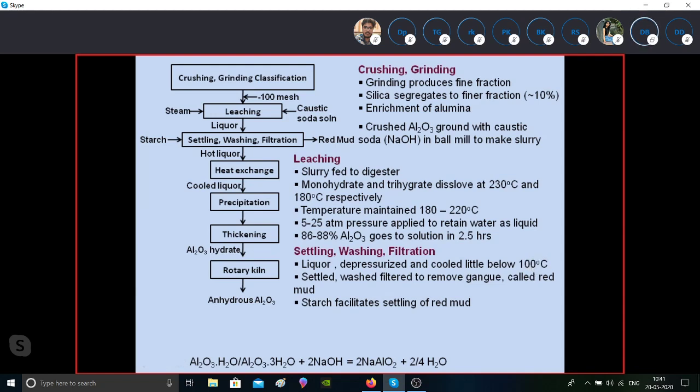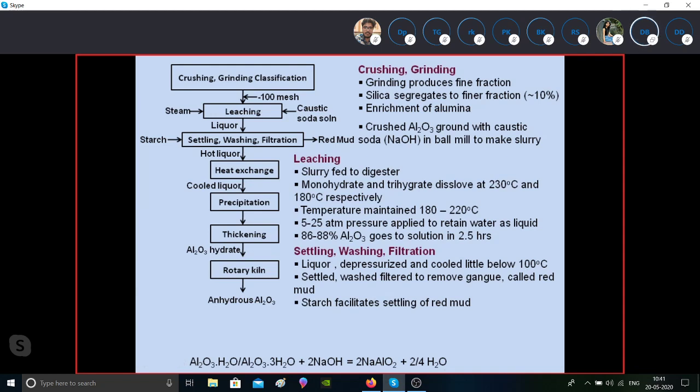We have a reason for maintaining this temperature as well. In one go, we are talking about retention of water in the form of liquid. Another go, even after depressurization, we are maintaining a temperature of 100 degrees centigrade.